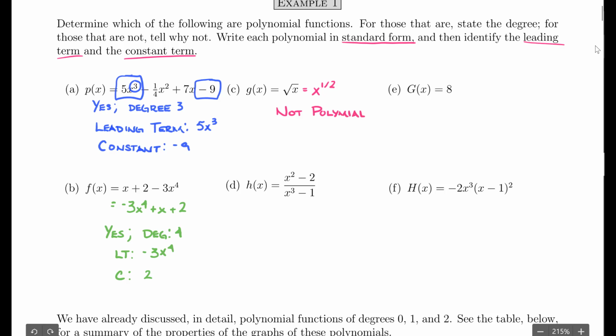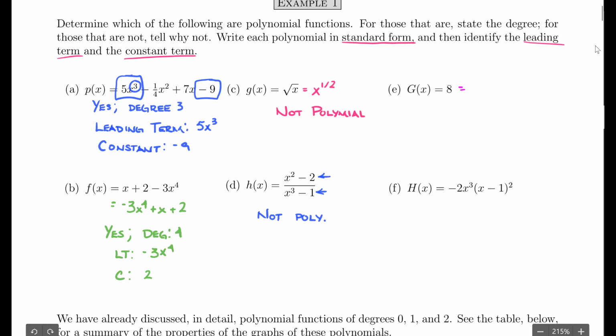For part D, this is a rational expression. We have a polynomial over a polynomial. So this is not a singular polynomial function, so we will not go ahead and evaluate that any further. For part E, this is kind of like the example where we talked about the 0 power polynomials.